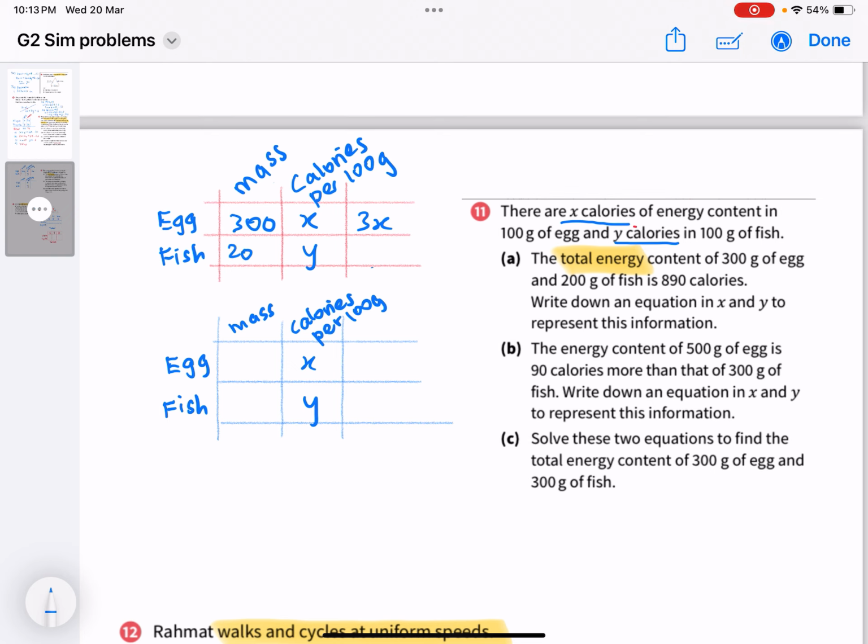And for 200 grams of fish, y calories per 100 grams, so we have 2y. So now the total calories will be 3x plus 2y, which will be 890. So that gives us our first equation: 3x plus 2y equals 890.